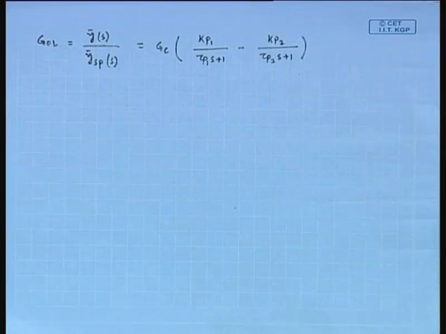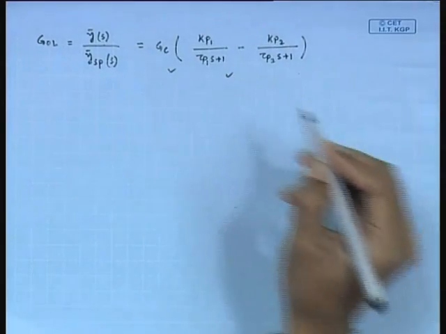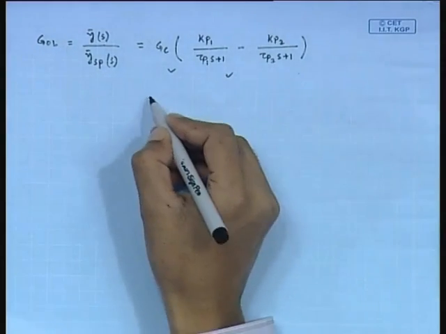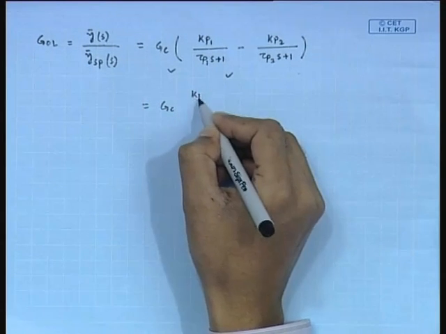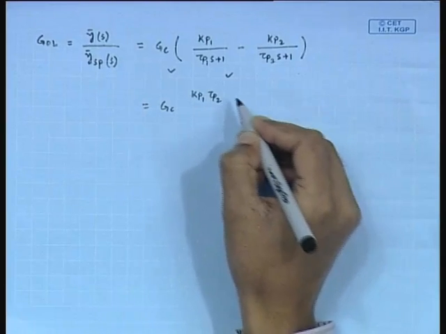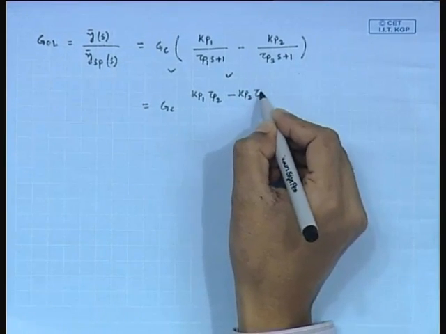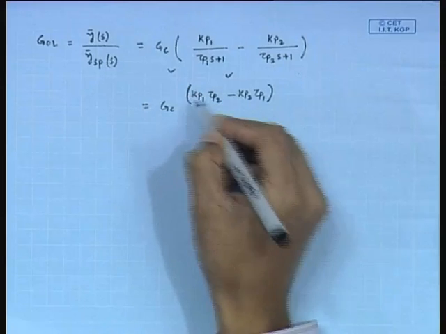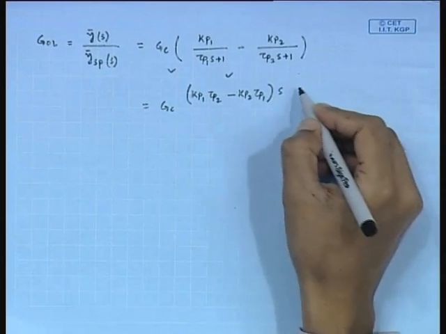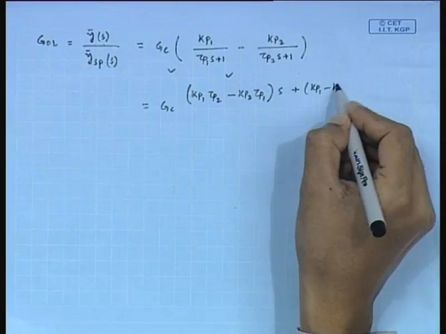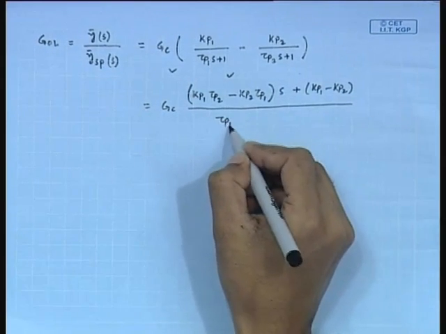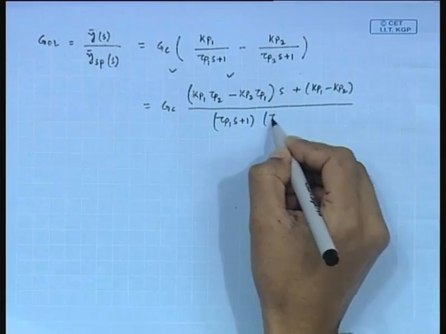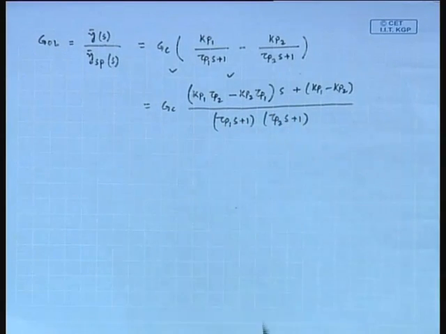Fine, because we assumed Gm, Gf both are 1. So, Gc multiplied by Gp, this we can write as Gc times Kp1 tau p2 minus Kp2 tau p1 times s plus Kp1 minus Kp2, divided by tau p1 s plus 1 times tau p2 s plus 1.